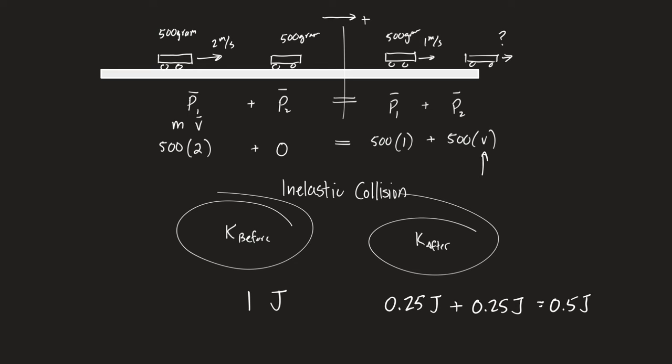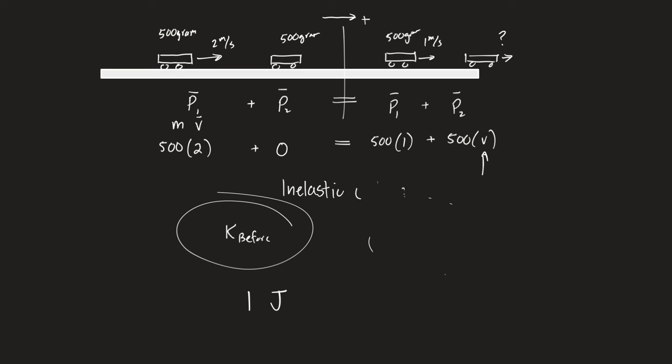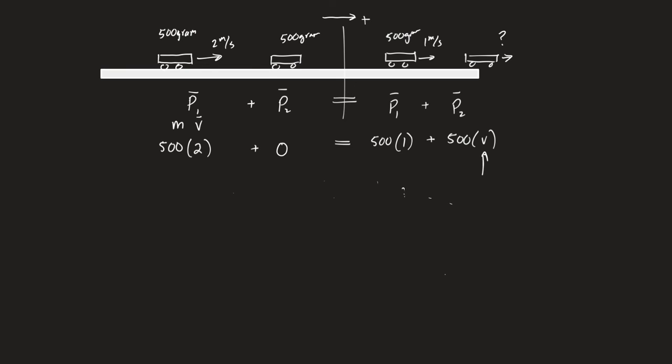Now, there are 3 types of collisions. The general form of a collision is this one. This one's inelastic. Our next example is one that's called perfectly inelastic. They will put that word out there, and you'll have to know the difference between inelastic and perfectly inelastic. So let's talk about what a perfectly inelastic collision is. A perfectly inelastic collision still loses kinetic energy.